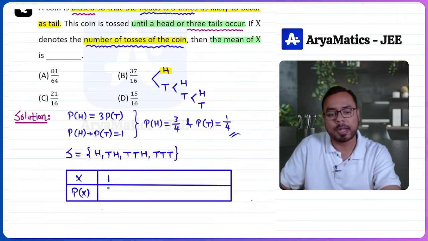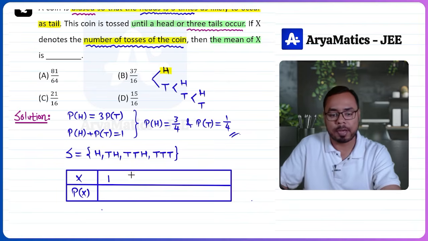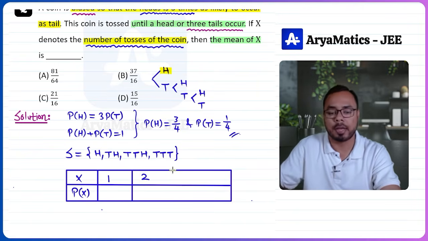If the first toss has resulted in head, there will be only one toss. We'll see what the probability of that one is. The next possibility is that the value of x is 2. X is 2 if the first toss has resulted in tail and the second one is head. And finally, the last possibility is that there will be 3 tosses, right? These are the 3 different cases.